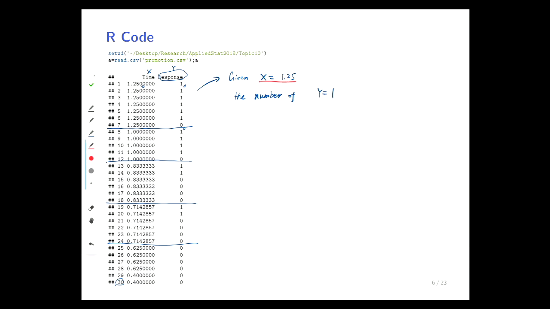Given x equals 1.25, the number of y equals 1 is 1, 2, 3, 4, 5, 6, right? 6.